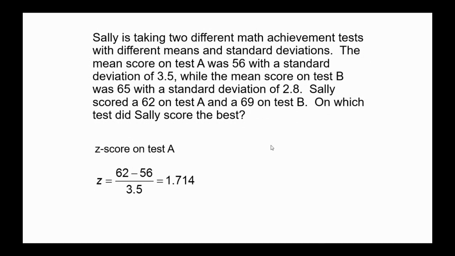And that would get you 1.714. Now I want y'all to take about 30 seconds because we're running out of time. Calculate the z-score for test B.